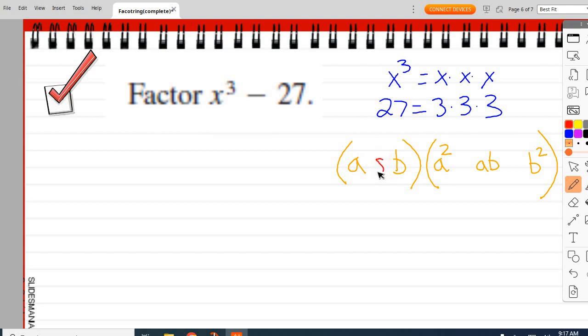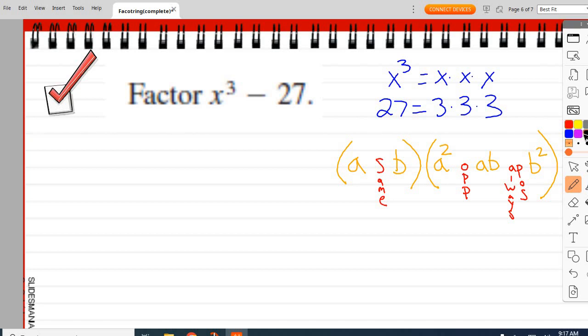Your first one is going to have the same sign as my original, the second one is going to have the opposite sign as my original, and the last one is always positive. So you have SOAP. Alright.